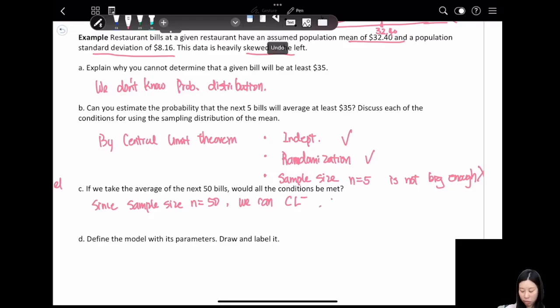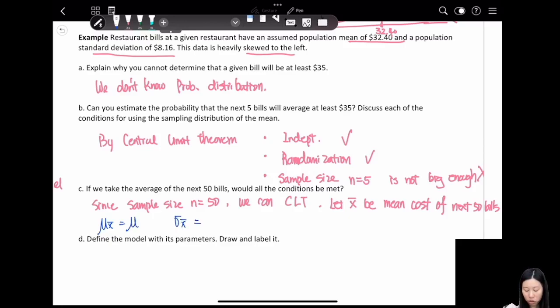So let X bar be the mean cost of the next 50 bills. Remember the property of a sampling distribution: mu X bar equals our population mu, and sigma X bar equals the population sigma divided by the square root of the sample size.